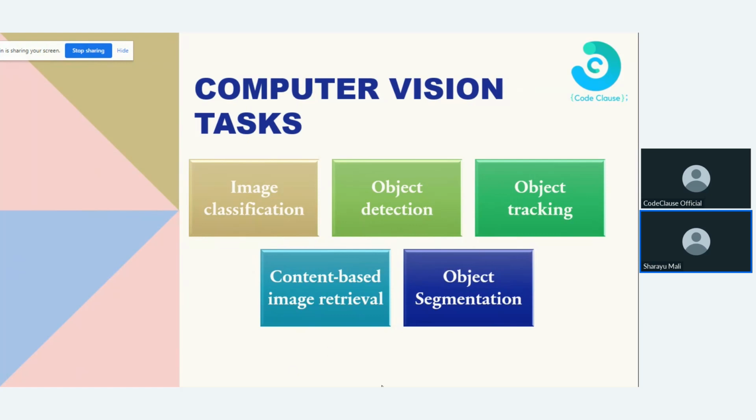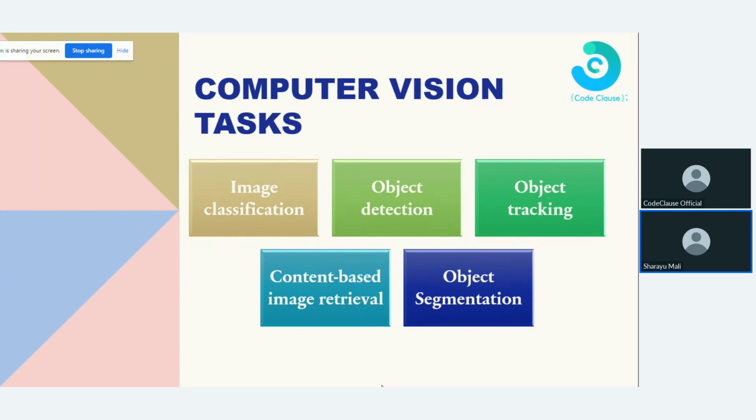The object detection task is identifying the object in the image and also localizing it, like identifying where exactly it is located in the image. Another task is object tracking, wherein the object that is specifically identified is tracked over a period of time in the video frame.